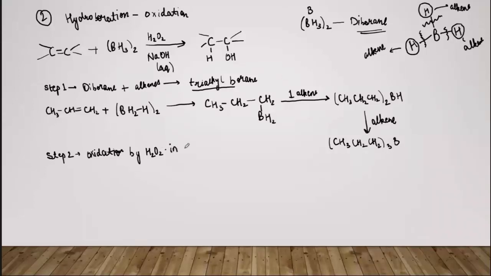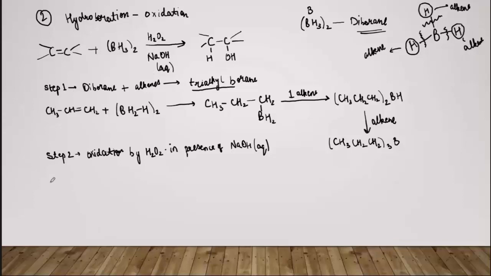So here also we are using H2O2 as an oxidizing agent, but in the presence of NaOH aqueous. The other two reagents I wrote in the overall reaction were H2O2 and NaOH. Apart from diborane, they are being used in the second step. So how will we write it?